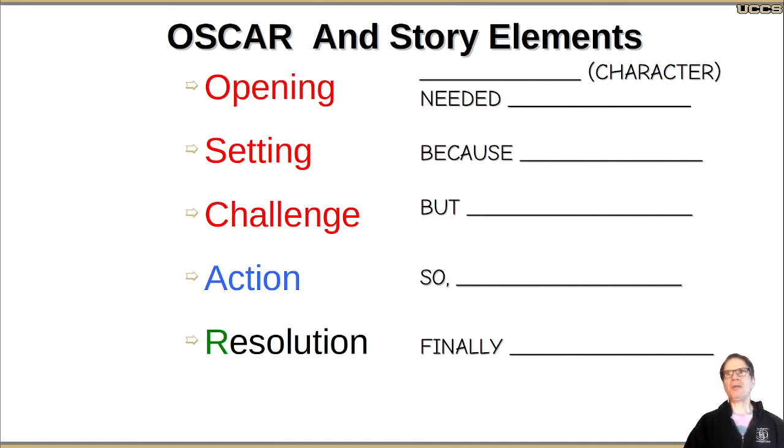It is the opening, which is where the character needed something, the setting, because a little bit about why it's happening, the challenge, but something is stopping it from happening, action, so something happens, and the resolution finally. And you can see why, in my view, storytelling, in terms of the six most essential elements, and Oscar are a very natural fit, because they just line up neatly between each other.